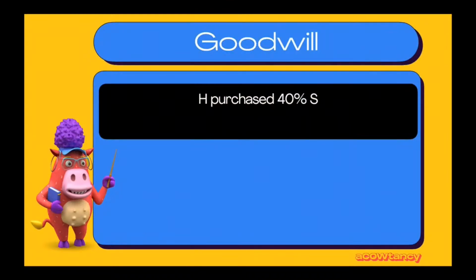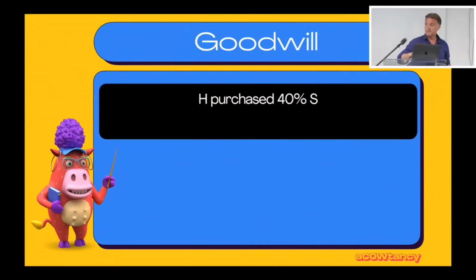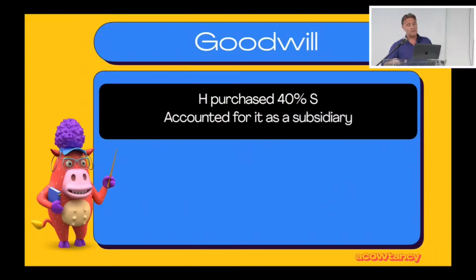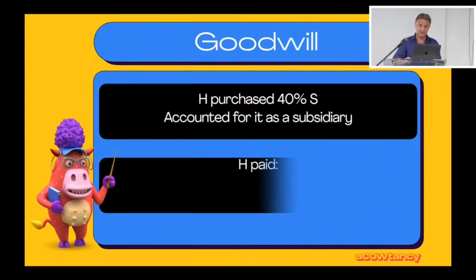So normally you'd want more than 50% to take control. This is normally an associate, but you can have a 40% subsidiary, and they've accounted for it as a subsidiary. Maybe they should have, maybe they shouldn't have. It depends whether they controlled it or not. But we're saying they have, so it is a subsidiary.